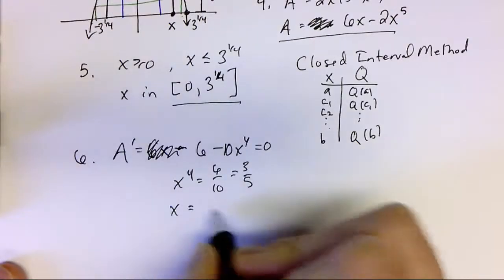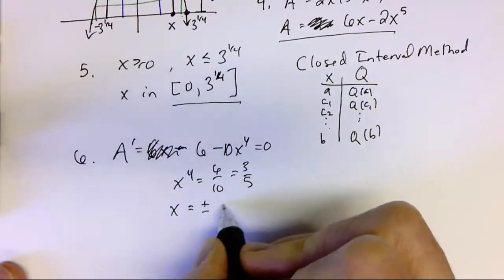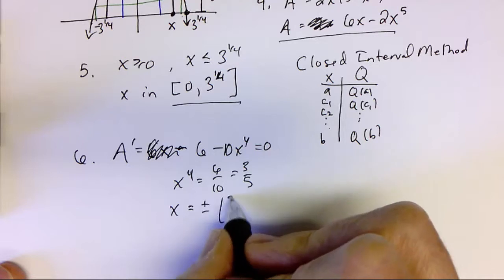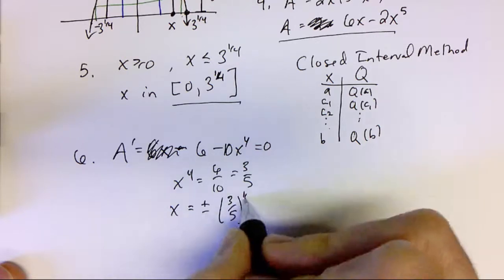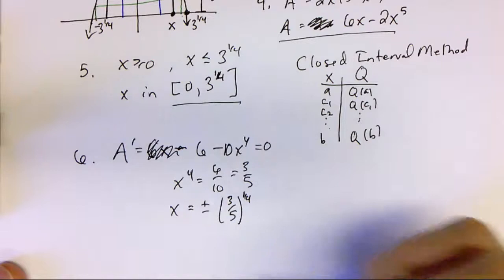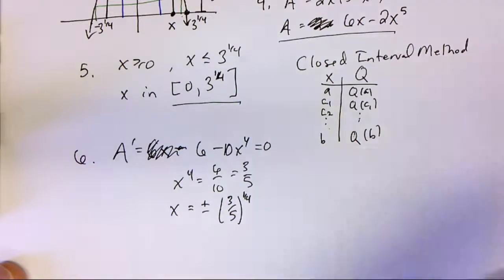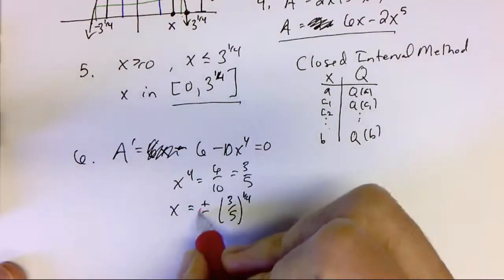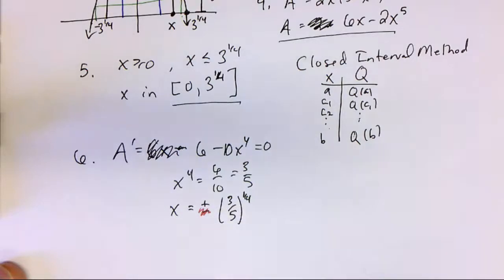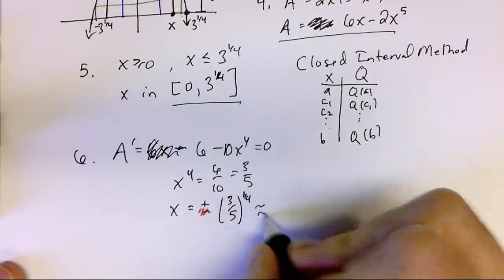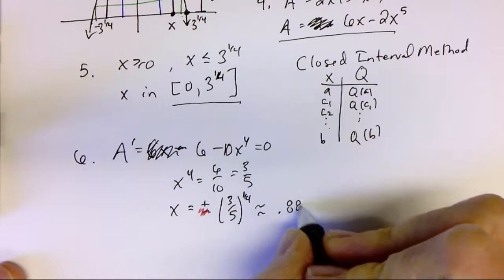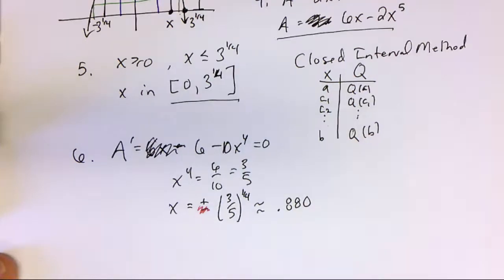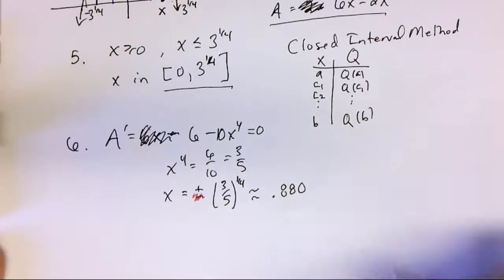So x will be plus or minus the fourth root of 3/5. We don't care about minus here, because that would be outside of our domain, so we could ignore that. And this number is about 0.880.